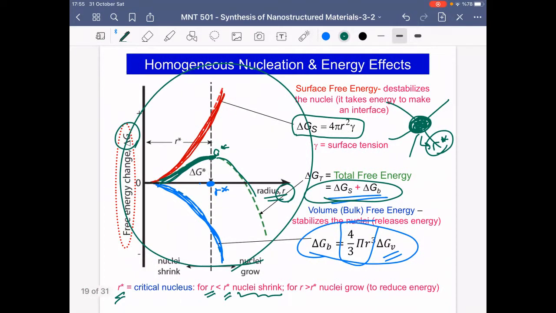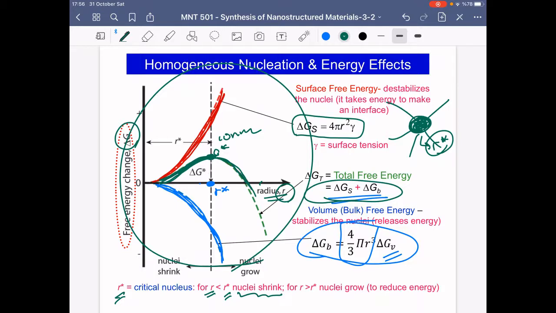Keep in mind that I really want to reach this point here, but I also want to control here. If this is, let's say, 10 nanometers, all I want is 10, 11 nanometers. I don't want 100 nanometers for my particular application.